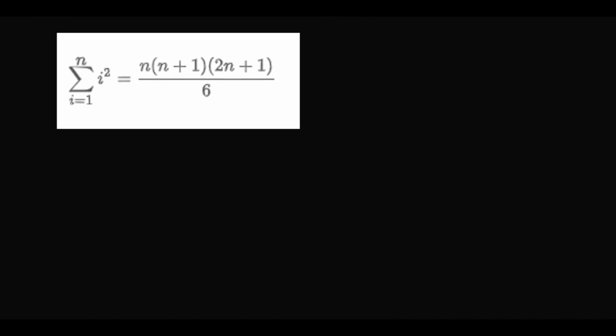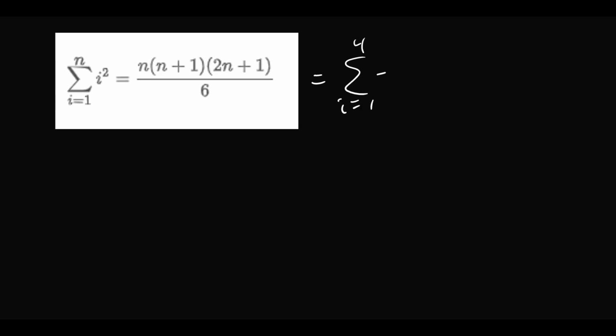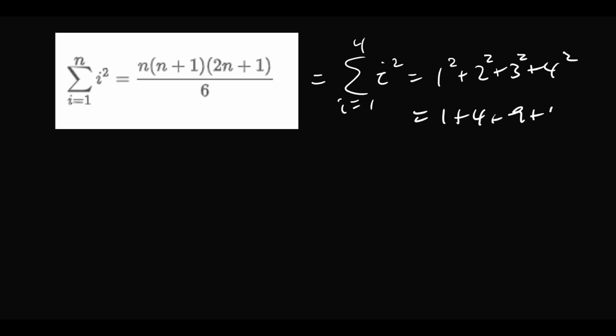This formula here works because if you take, let's say, the sum i equal 1 to 4 of i squared, that would be 1 squared plus 2 squared plus 3 squared plus 4 squared, which would be 1 plus 4 plus 9 plus 16. So that would be 30.